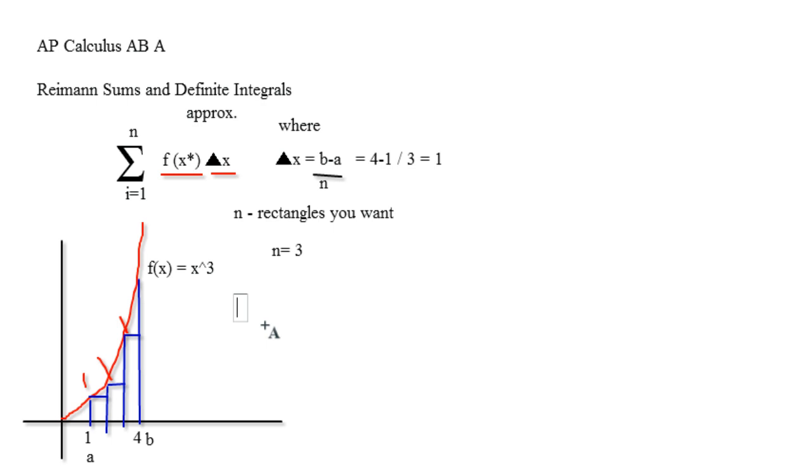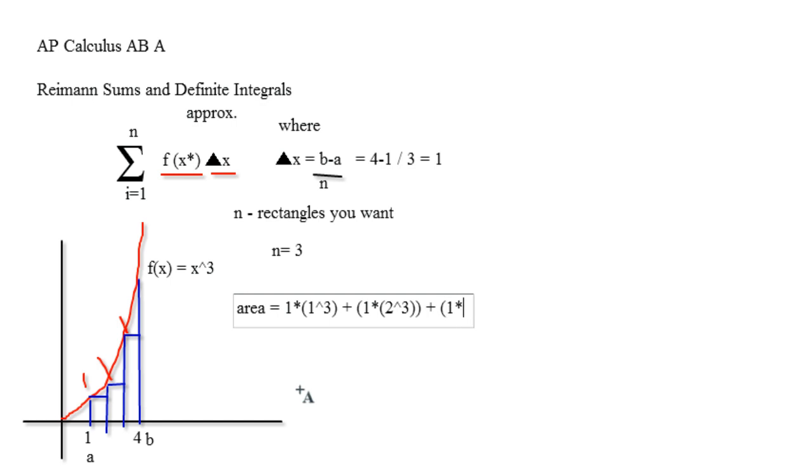So the actual area is going to be equal to 1, which is the width of the first rectangle, times, and this curve is x to the third, so I'm going to plug in 1, so that is 1 cubed. Then I'm going to add the next triangle, which is going to be 1 times 2 cubed. And then I'm going to add the next rectangle.